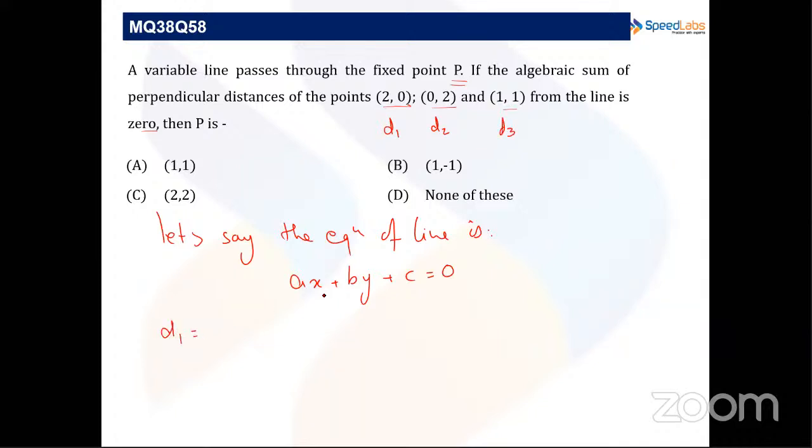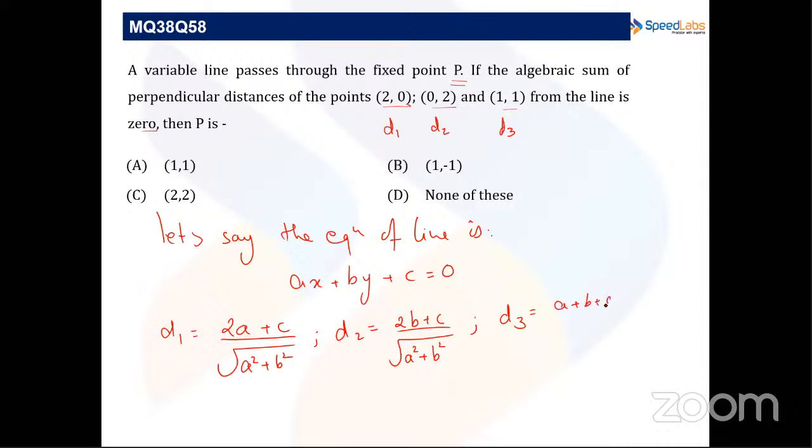So d1 will be 2a plus c upon under the root a square plus b square. d2 will be 2b plus c upon under the root a square plus b square. And d3 will be a plus b plus c upon under the root a square plus b square.